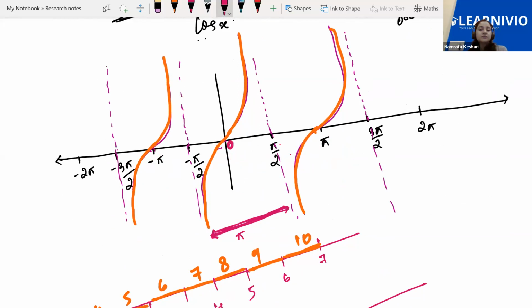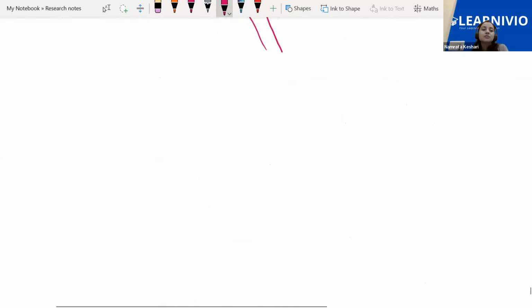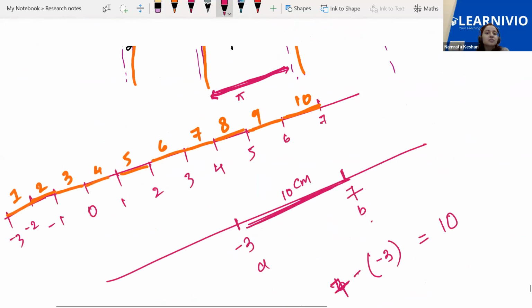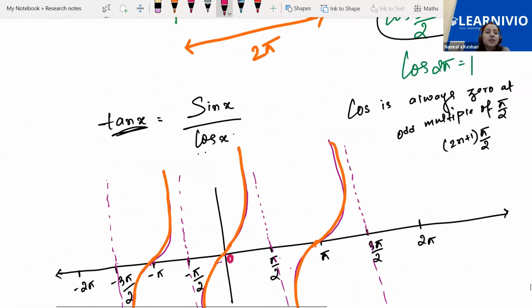Yes, ma'am. Let's draw for the cot function. Domain and range, which is very important. See, everywhere we will be drawing such a figure, it will keep on going in both the directions.